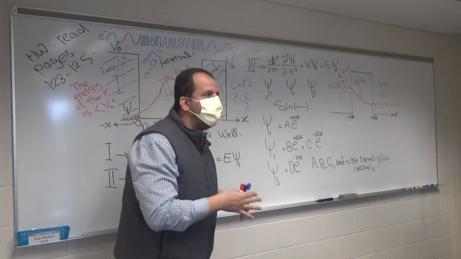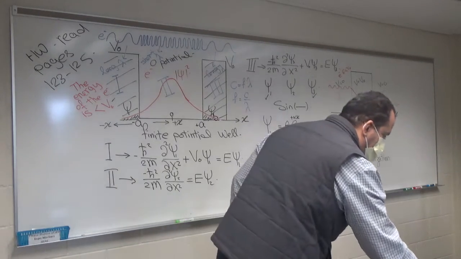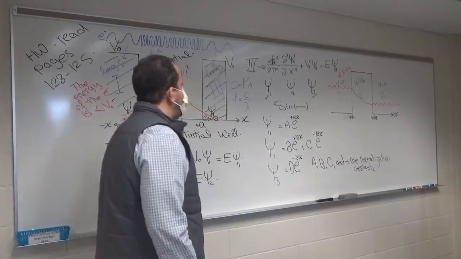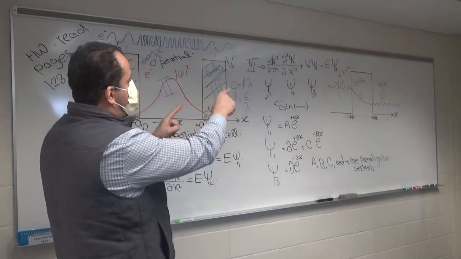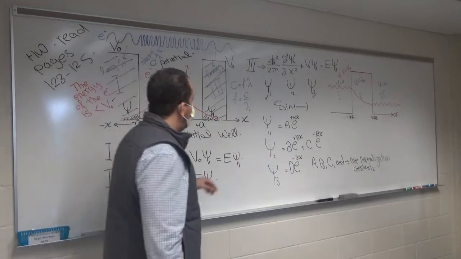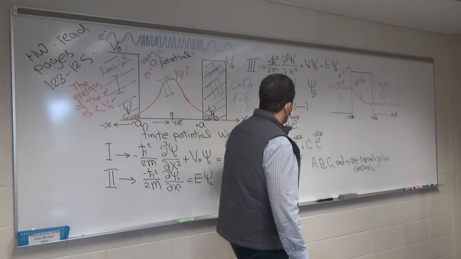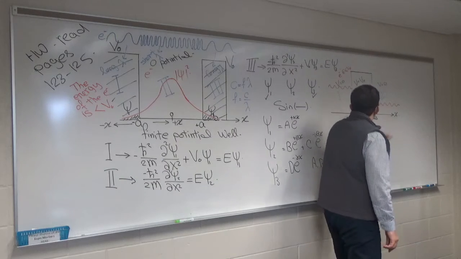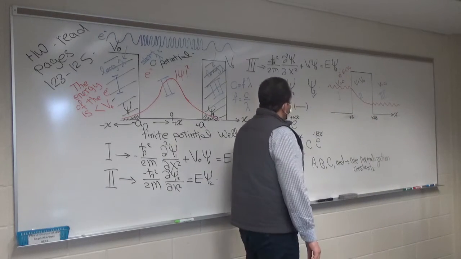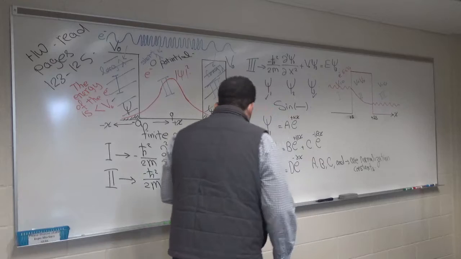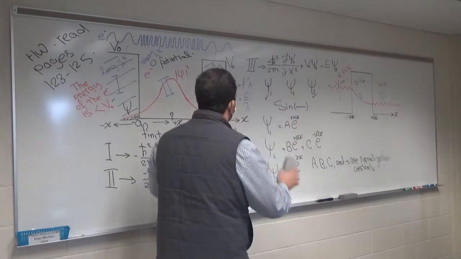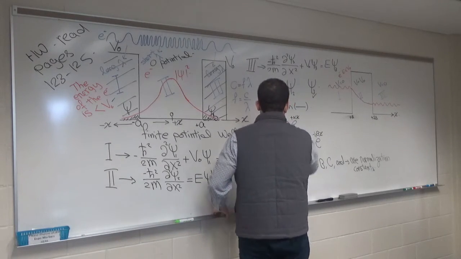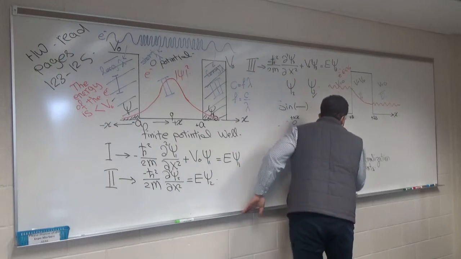Also we can use the Schrodinger equation, guys, for those three regions to figure out the wave function of the electron here, and here, and here. So maybe I will write these equations for you.